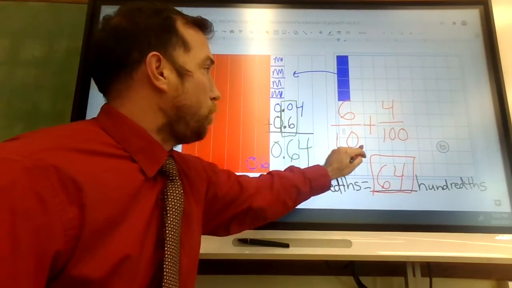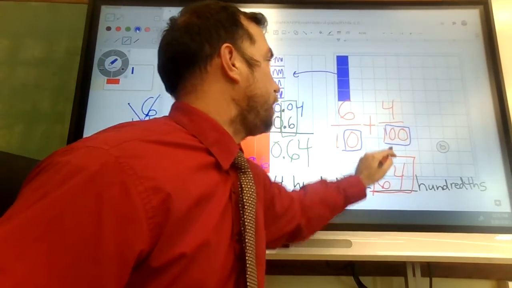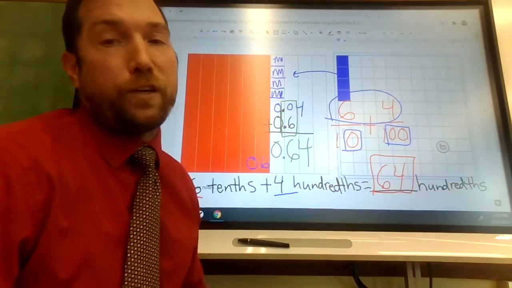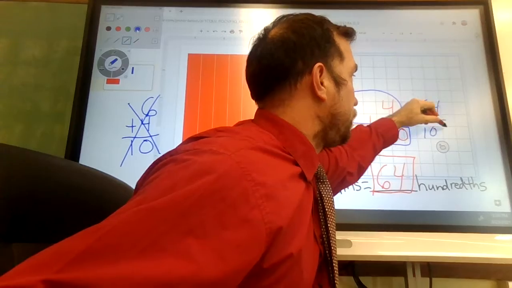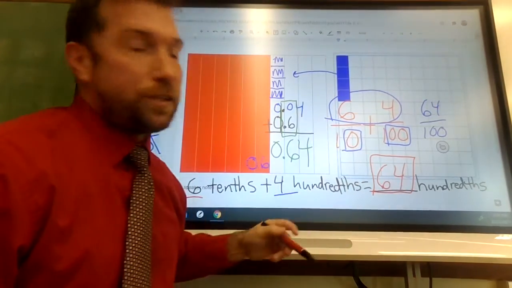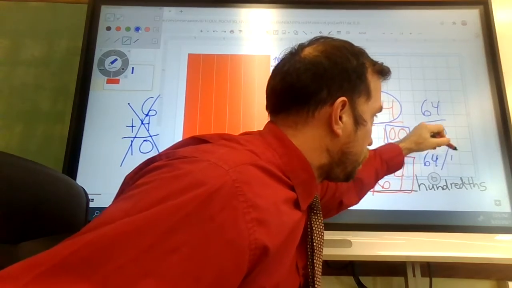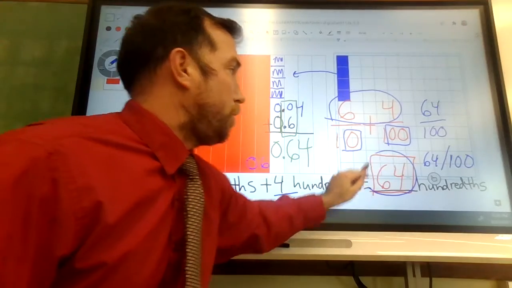So same thing, this is our 10 right after the decimal point, and our 100 has to go 2 spots after. When we just have one number in each, it would then become 64/100, which later on in assessments you would put in the answer box as 64/100. But most of the first ones, they're just going to want that number.